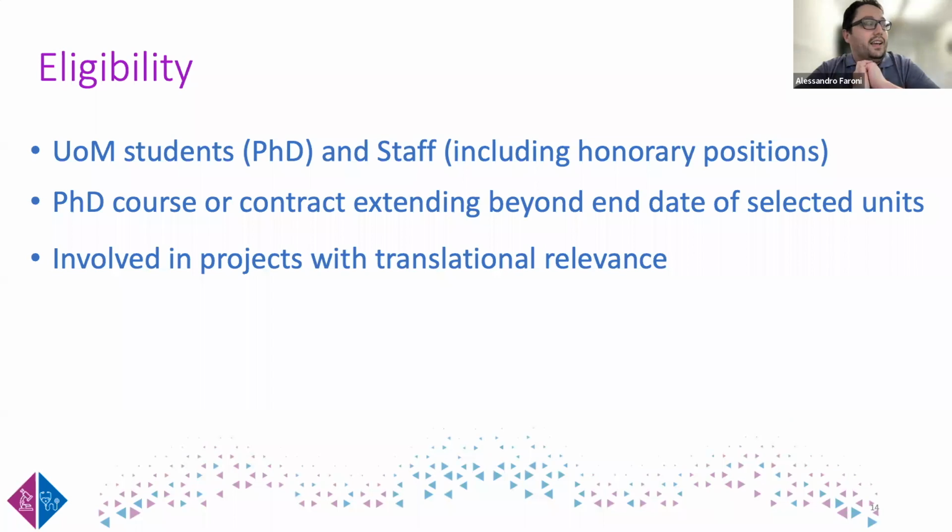And obviously, we want your project to have some sort of translational angle. We will go through that in the next few slides, but basically we want to know that you have that line of sight to translate your research. It doesn't matter how early in the translational journey you are.